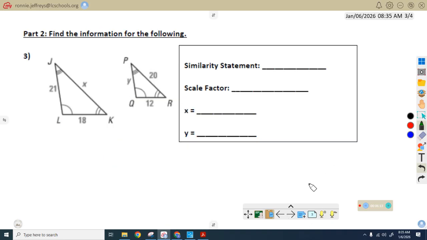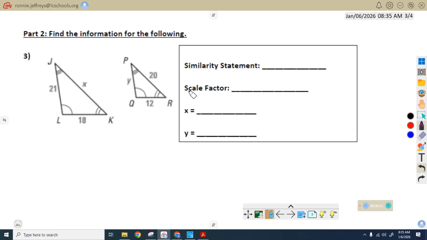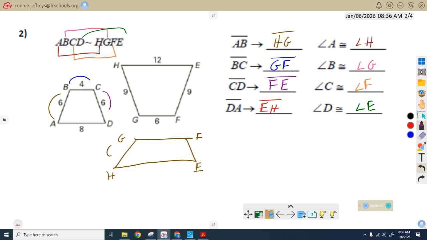Now, find the information for the following. So similarity statement. Similarity statement is like what this stuff is right here. Well, I didn't totally mean to mark through that. What that is right there. Okay.